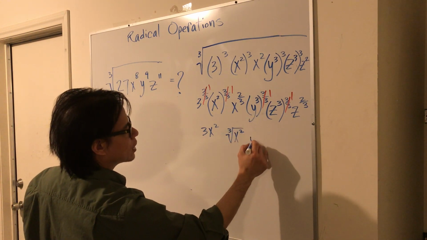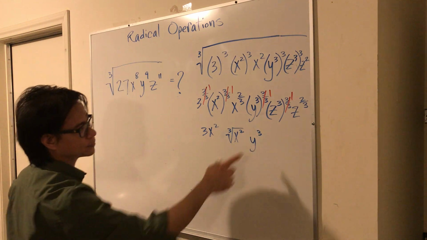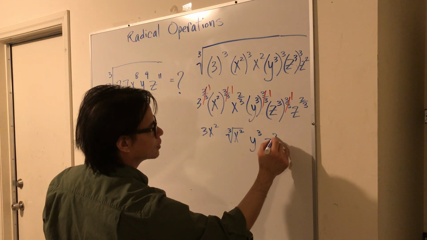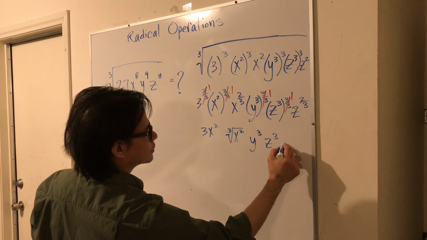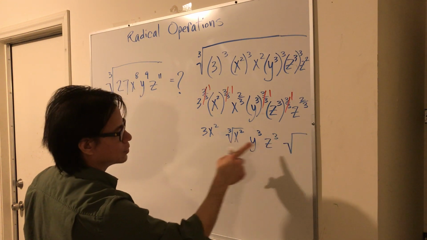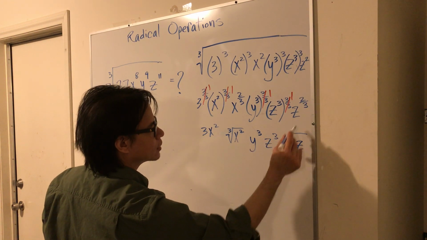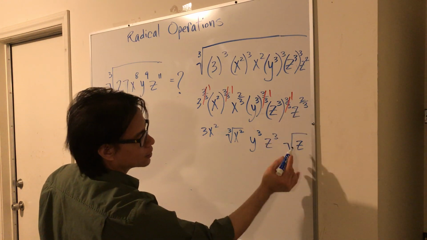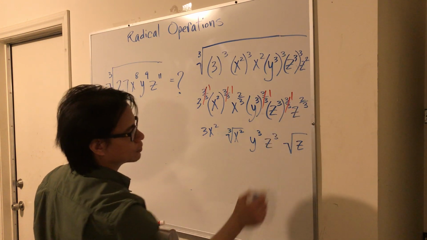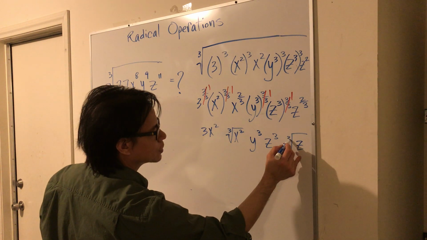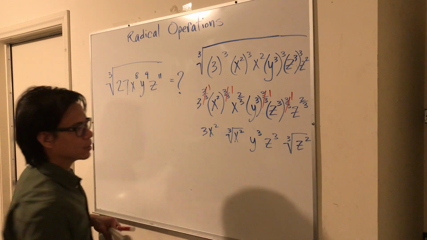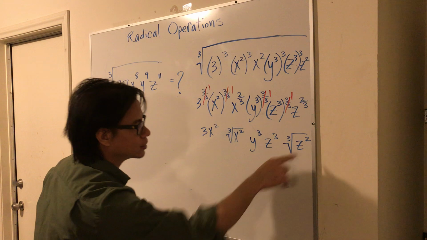And then here you have y to the 3rd, z to the 3rd, and like that you have z on the inside, and then the 3 in the denominator becomes the little 3 here, and then the exponent 2.